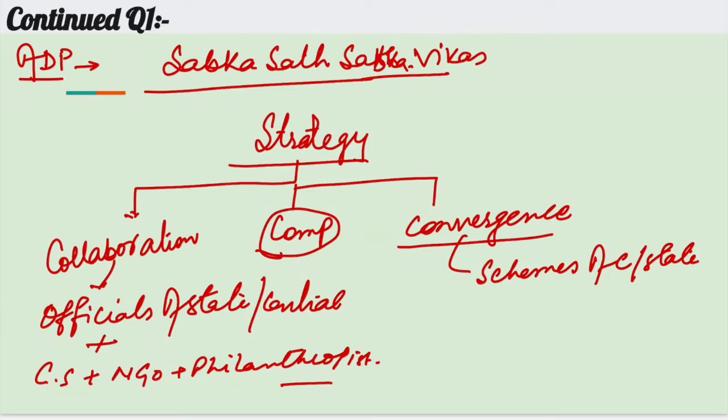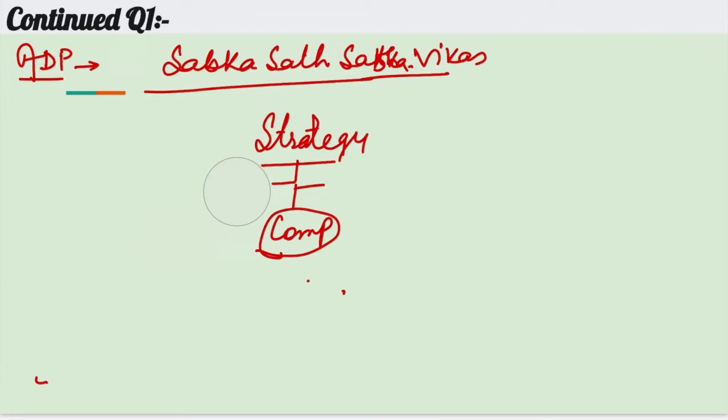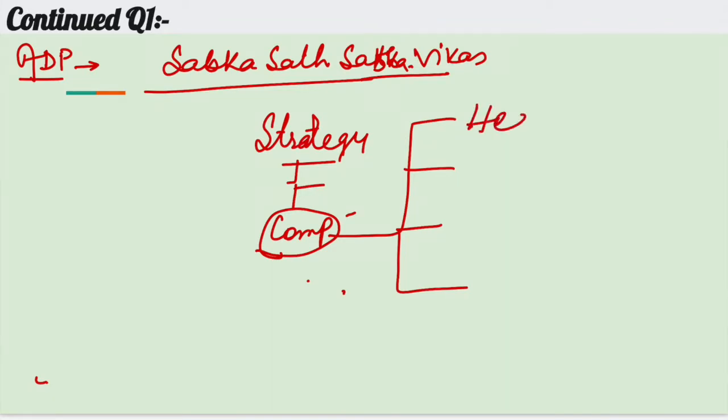The next part is competition. Here, what kind of competition, and how will the competition be ensured under the ADP? For that, we will have to look into what the different parameters are based on which the ranking is being provided to the different districts of the different states. For the competition, there are different elements on which ADP is focusing.